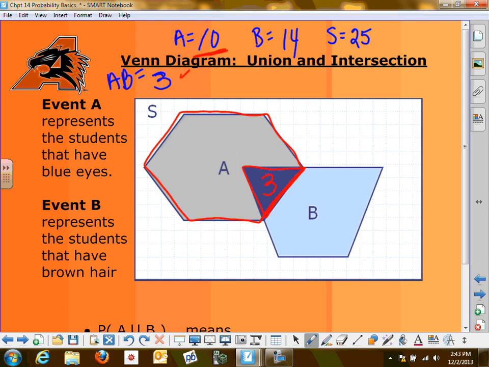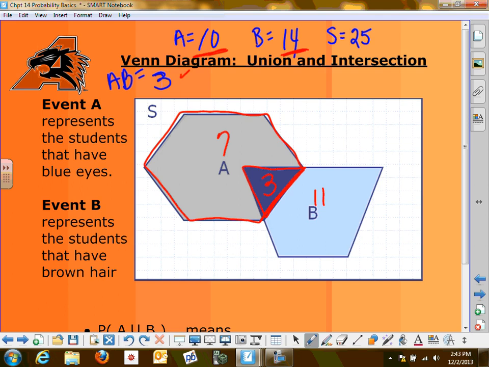So if it is totaling 10, then what's left in just this gray section? 7, okay? See, that's a notational thing. So you know this entire thing is 10, of which 3 of them also have brown hair. Okay, so then that means over here for the brown-haired people, to total up to 14, this section, just brown hair and not blue eyes, is 11.